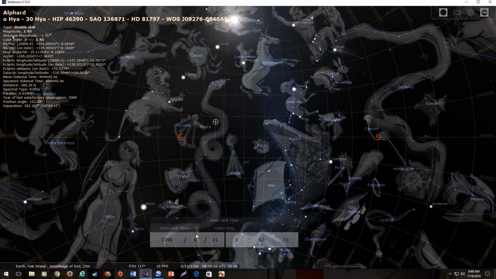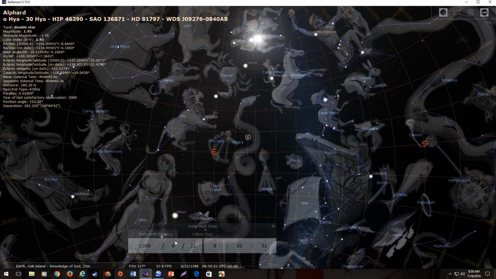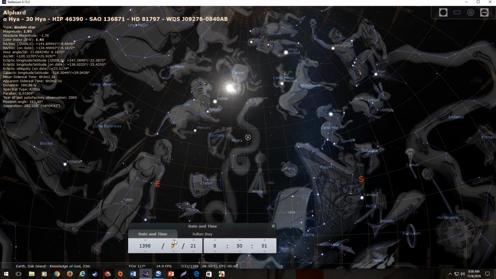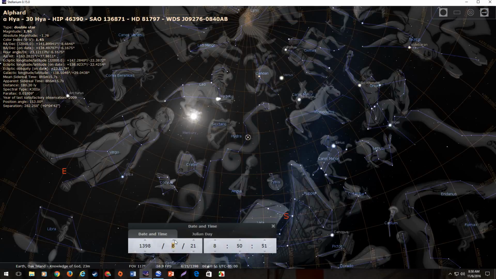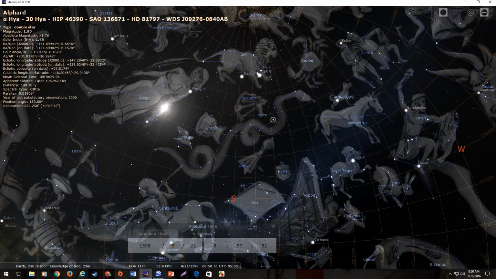Okay, so let's go ahead and track Alphard. Keep an eye on Argo as we're making our journey from east to west. Let's track it month by month. There's July 21st, August 21st, and now let's stop here halfway through the voyage on 9/21. 9/22 or 9/21 is the autumn equinox.